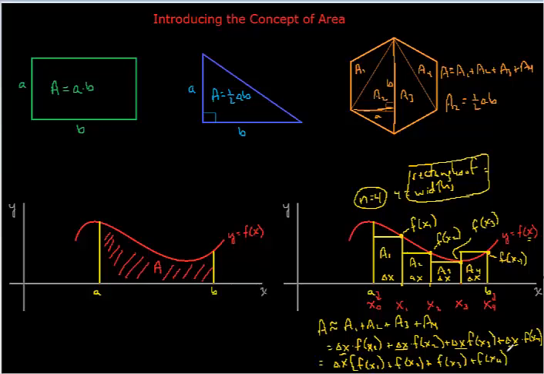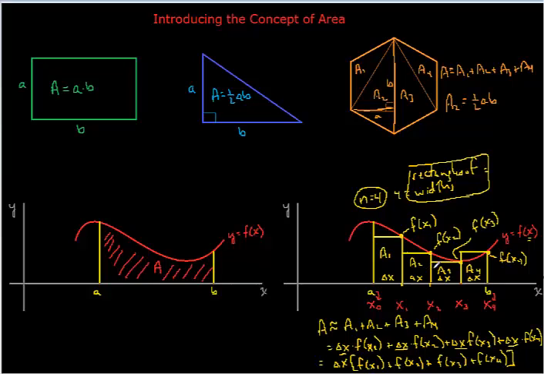Now, a couple of comments before we finish up. One is, this is an approximation using rectangles whose heights are determined by the right endpoints of these little subintervals. We could have just as easily used the left endpoints and created rectangles off the left endpoint. And that has a very similar logic, same basic idea as we demonstrated here.